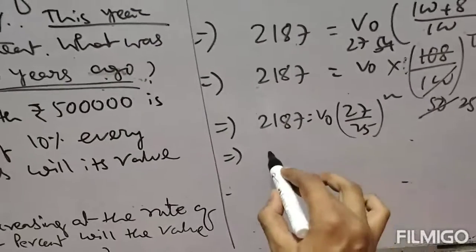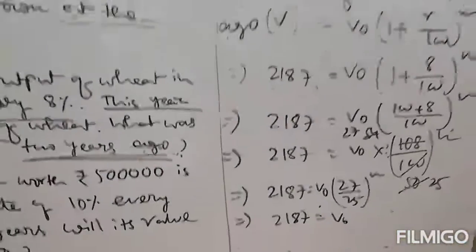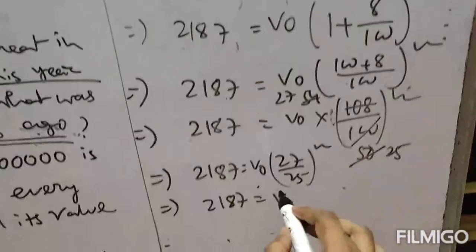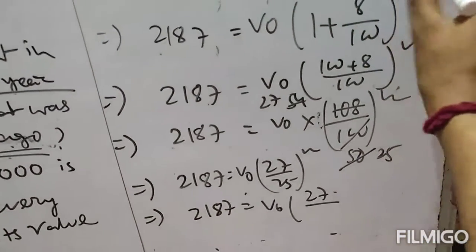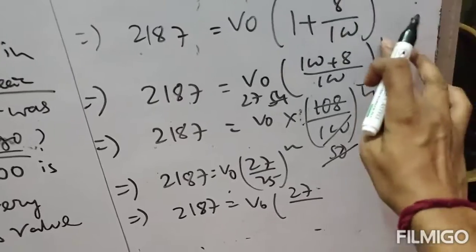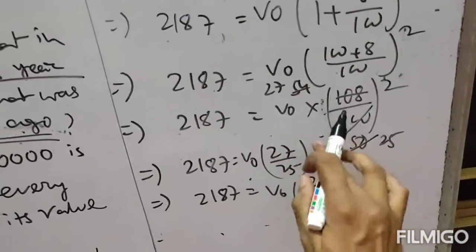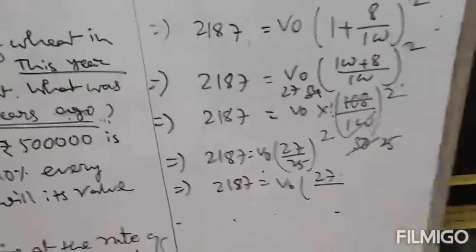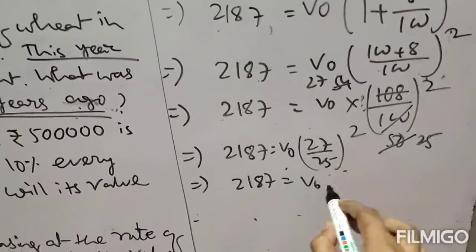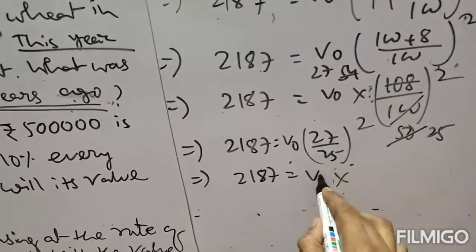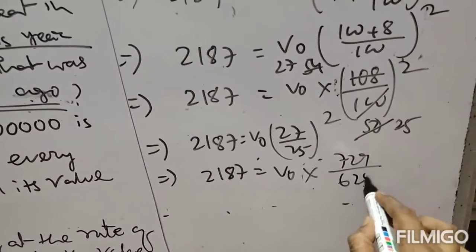Now n is given as 2 years, so write 2 in place of n. So this is 27 squared divided by 25 squared. So 27 squared is 729 and 25 squared is 625.